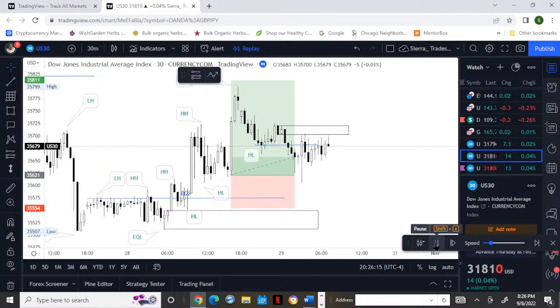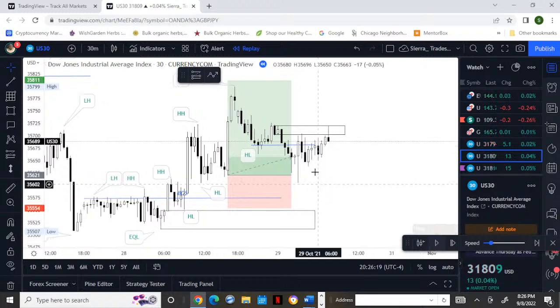It's like it's trying to, but it doesn't want to. And this candle right here is the main example of why you wait for these candles to close, because it pushed down and then ended up in a bullish move.